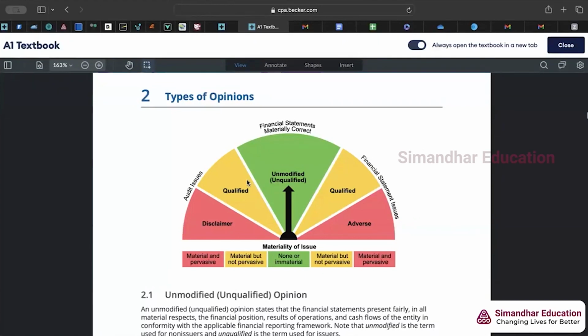Now, it is material and pervasive in cases where you're not able to, for example, audit cash and bank. If you cannot audit your cash and bank, cannot perform audit procedures like cash count, bank reconciliation statements, subsequent bank statements check, then you don't know whether the bank balance that's stated at the end of the year is right.